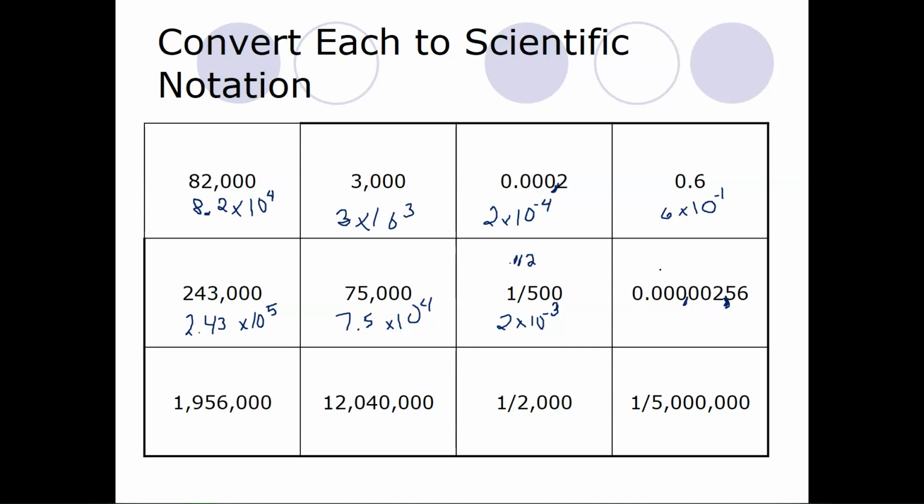It's just a visual place that your brain can go, oh, this is what I'm looking at. Because it's been proven that the human brain can only recognize so much before it goes into meltdown mode and you have no idea what you're doing. So in this case, we end up with 2.56 times 10 to the negative 6.